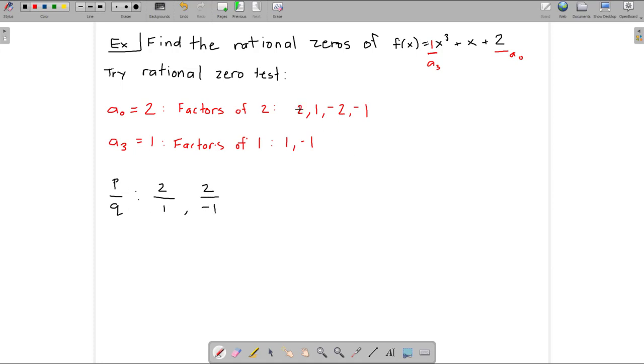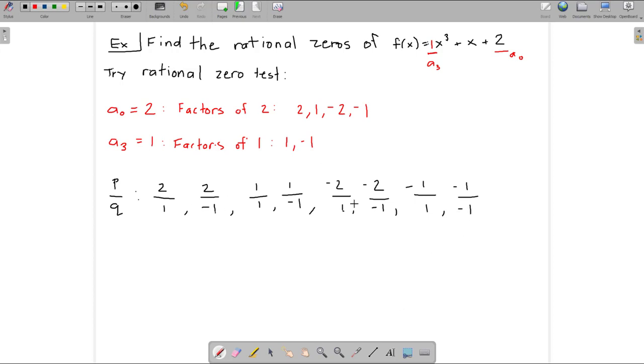One factor of a sub 0 and then over the different possibilities of q. Or I could have 1 over 1, I can have 1 over negative 1, I can have this negative 2 over 1, or negative 2 over negative 1, or finally I could have negative 1 over 1, negative 1 over negative 1.